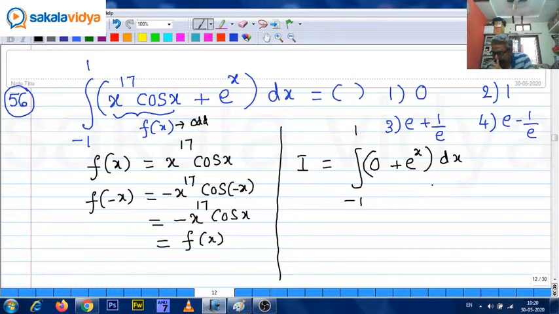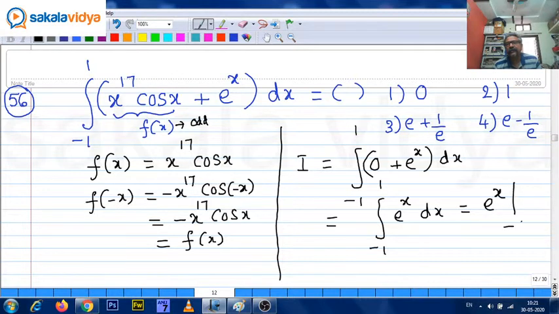So we write the integral of e power x from minus 1 to 1 dx. The integral of e power x is e power x with limits minus 1 to 1. That is e minus e power minus 1, that is e minus 1 by e. That means the fourth option is the right option.